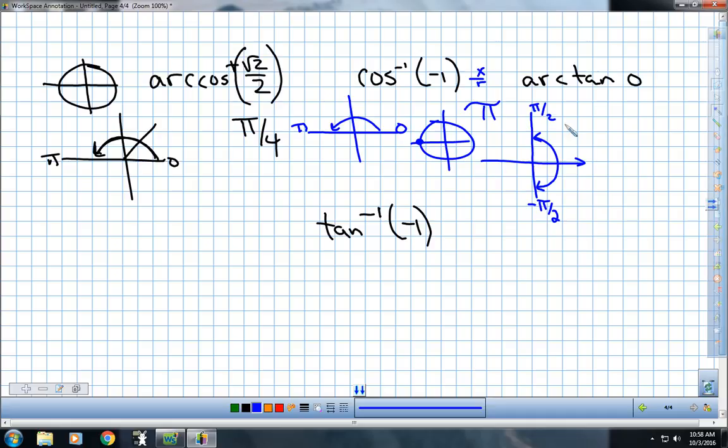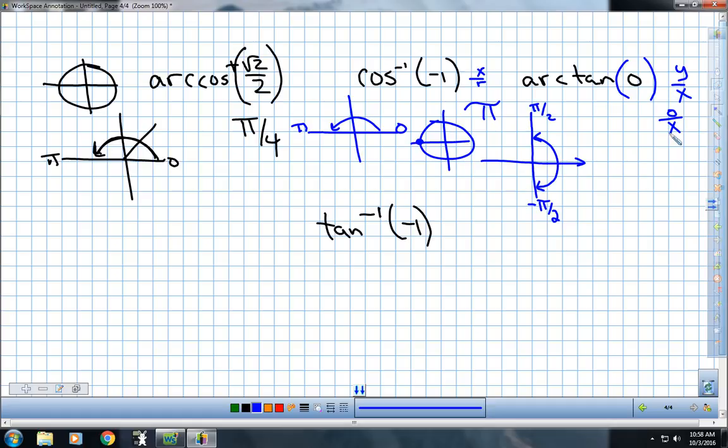So here we go. Inverse tangent is only defined from negative pi over 2 to pi over 2. This is the ratio right here, and we're trying to find the angle measure. If it's 0, isn't tangent y over x? The only way we're going to get 0 is if y is 0, because 0 divided by anything is 0.